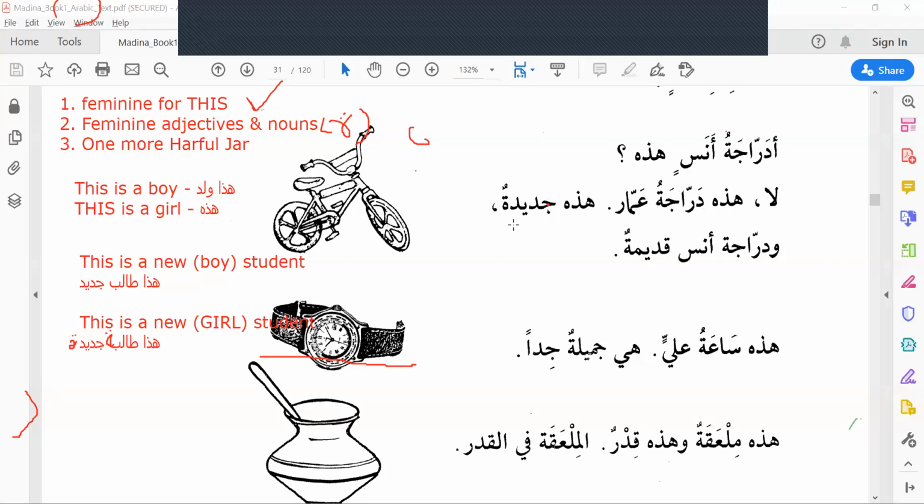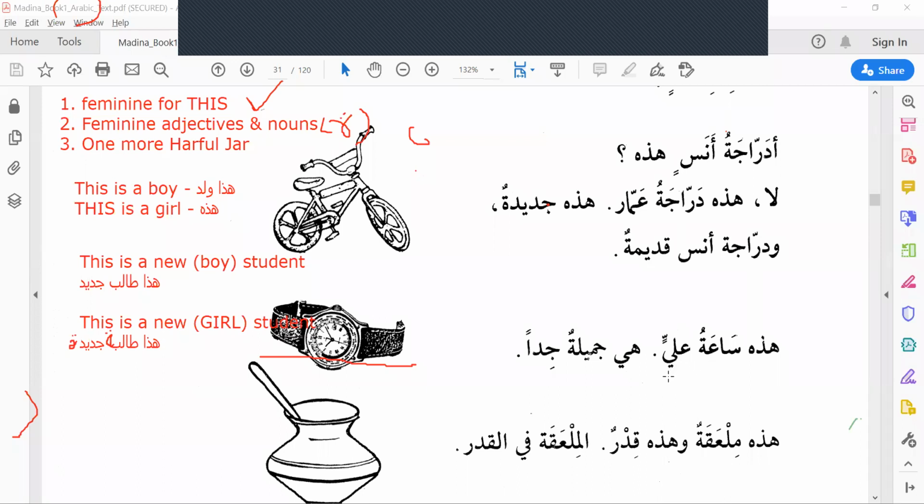Hadihi jadidatun. This is new. Since we are giving an adjective to a feminine word, we add a ta at the end of the adjective. Wadarrajatu Anasin qadimatun. And Anas's bicycle is old.